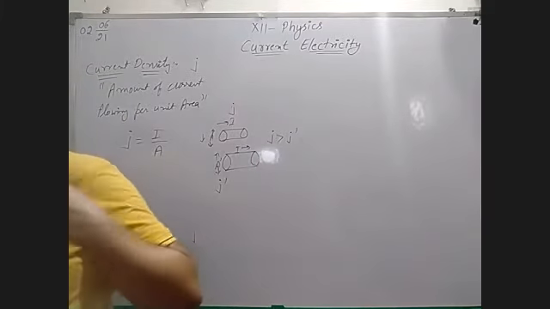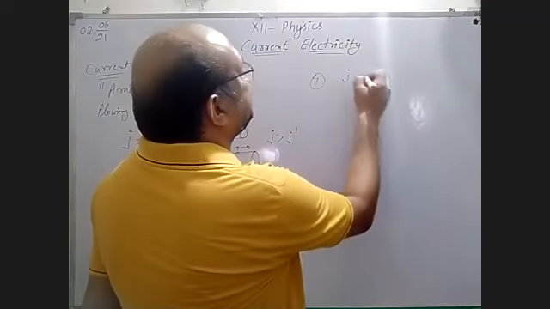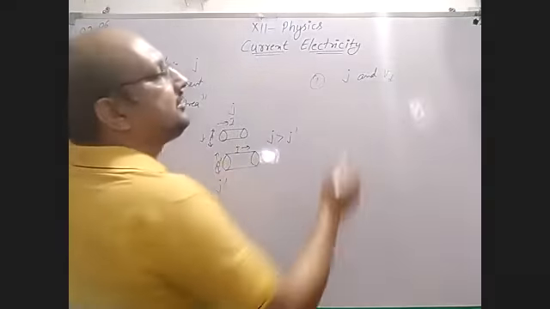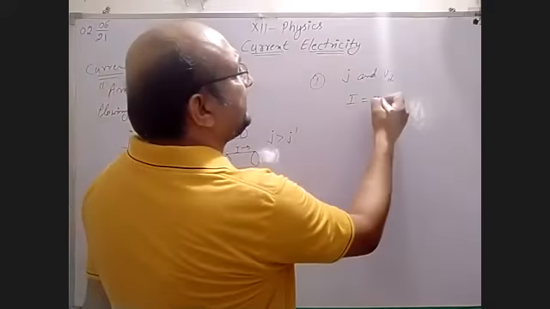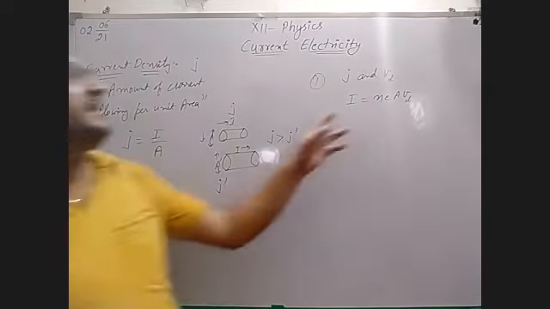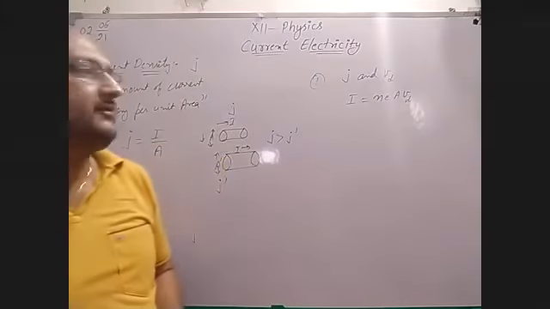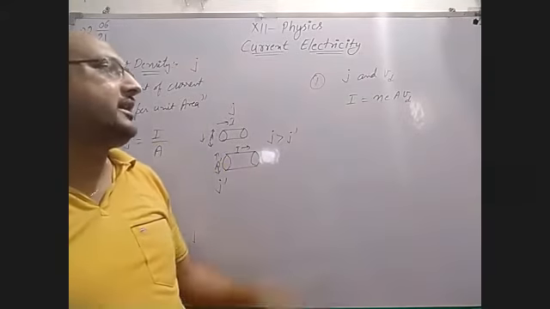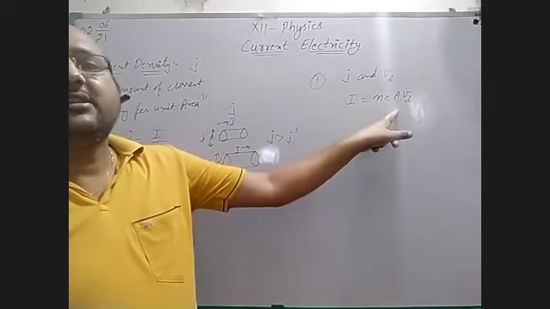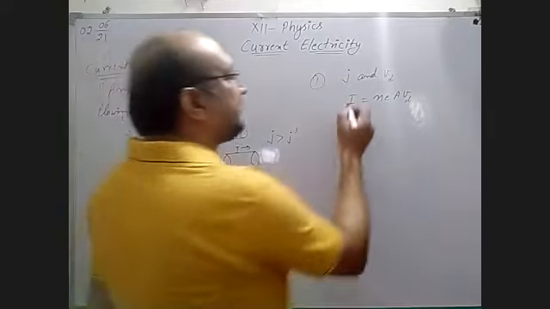Okay. Now, the relation between current density and drift velocity. How can you find the relation? You know the relation between current and drift velocity, derived in previous classes: I is equal to NEA VD. Now make it in terms of current density.